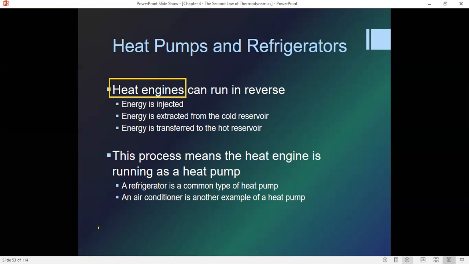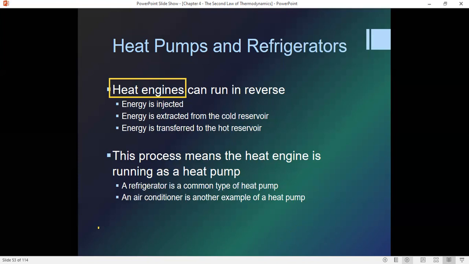Now, internal combustion engines don't easily run in reverse. Sometimes when we take our foot off the gas pedal when we're going downhill, we can use the compression to sort of absorb some of the work. So it's kind of acting as a heat pump. But heat pumps in themselves are their own specially designed devices.